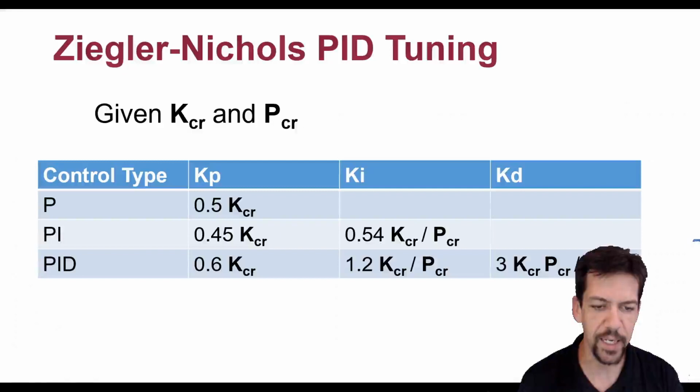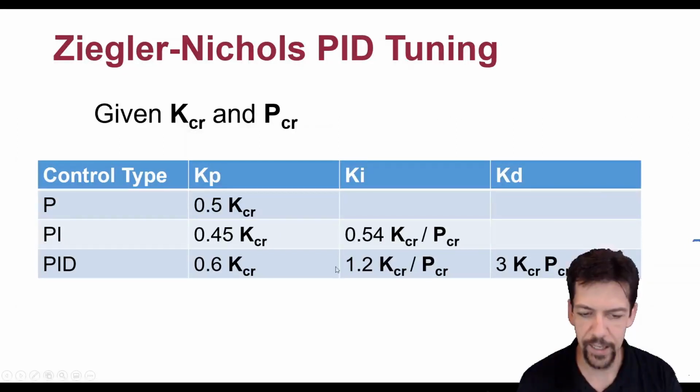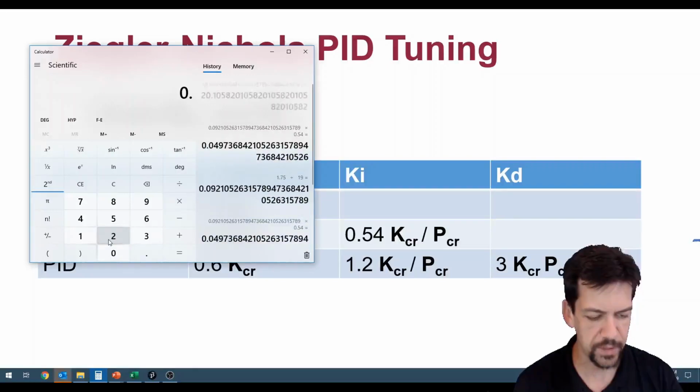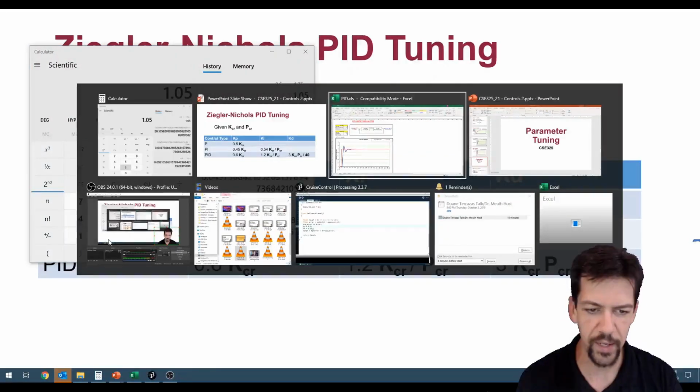And similarly, if I want to do a PID controller, I do the same sort of work. So here I've got 0.6 times my critical gain, 0.6 times 1.75 is 1.05.